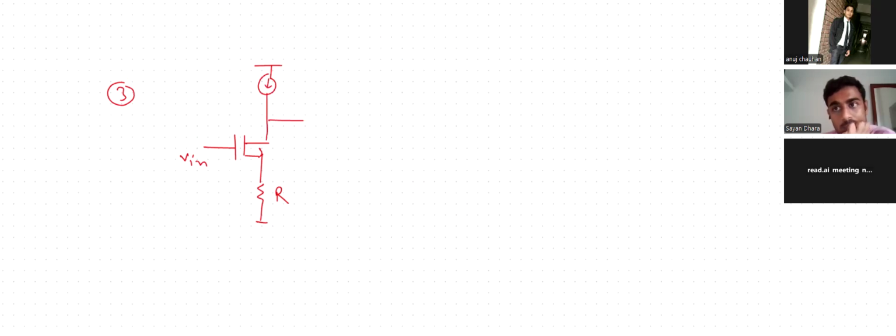It is VDD. It has some R naught impedance. The current source has R naught impedance. V out. So what is the GM for the circuit, and the gain?